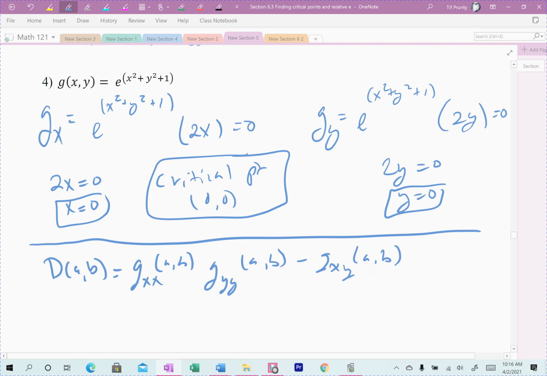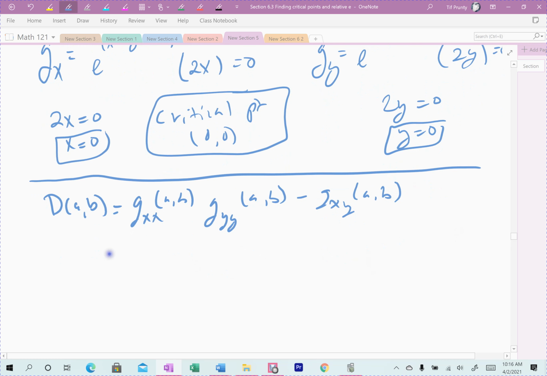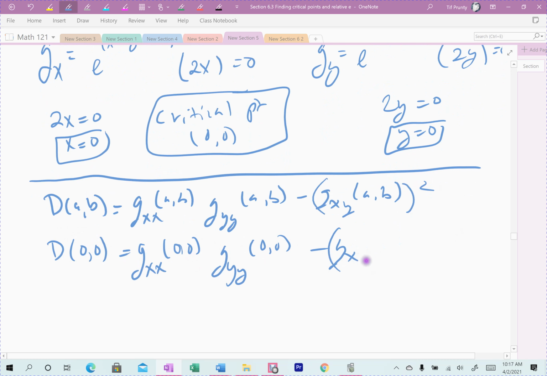In this case, because of the e term, it's actually easier to find. Remember, we plug the 0, 0 in. So it'd be the second derivative with respect to x at 0, 0 times the second derivative with respect to y at 0, 0 minus the mixed derivative at 0, 0, squared. And so I'm actually going to find the second derivatives and plug the 0, 0 in.